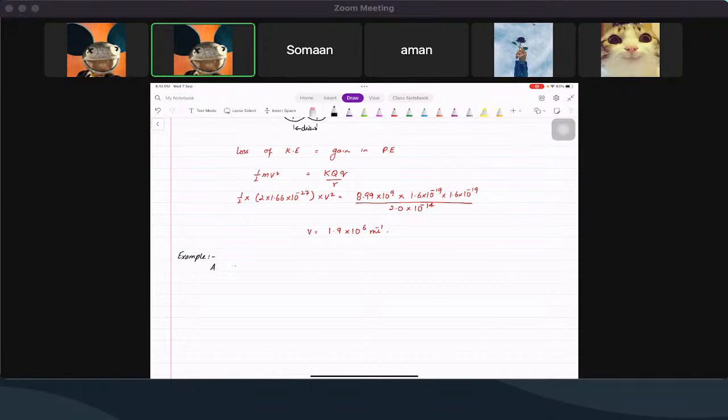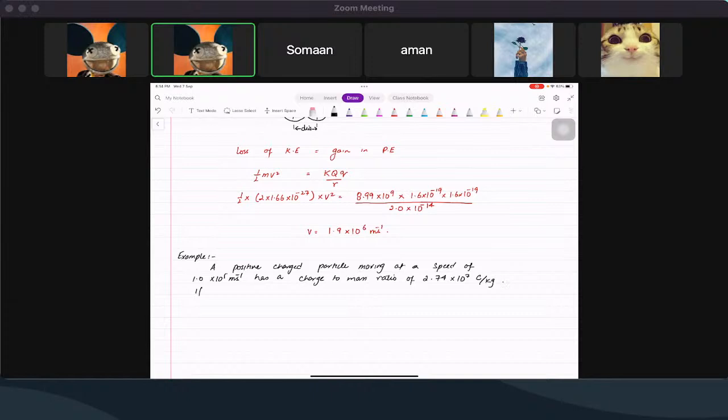So it says a positive charged particle moving at a speed of 1.0 times 10 raised to 5 meters per second has a charge to mass ratio of 2.74 times 10 raised to power 7 coulombs per kg, okay?